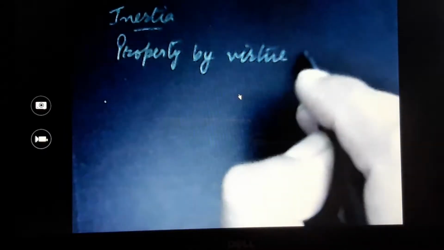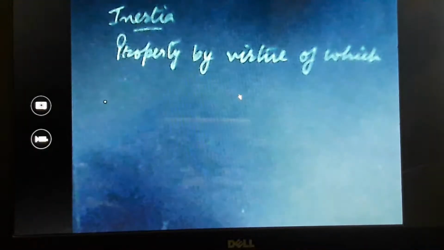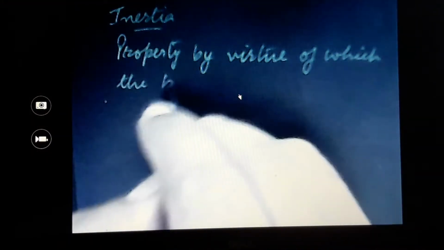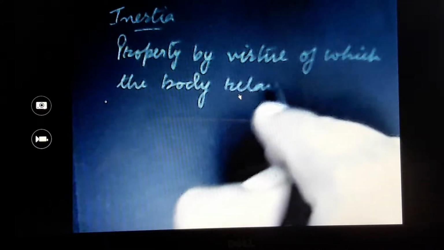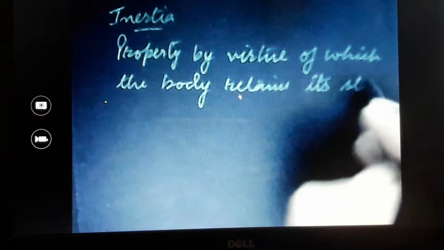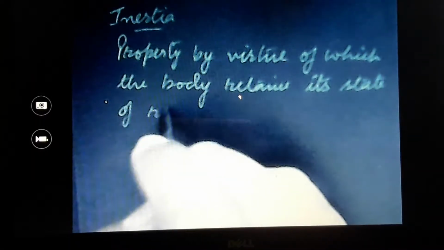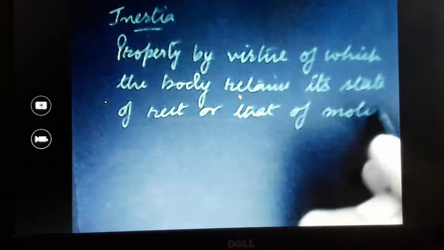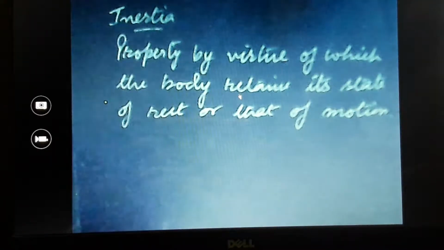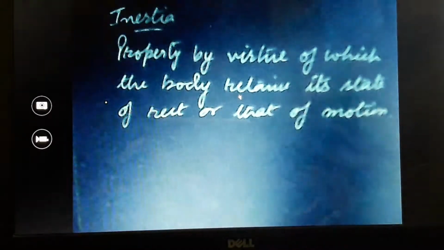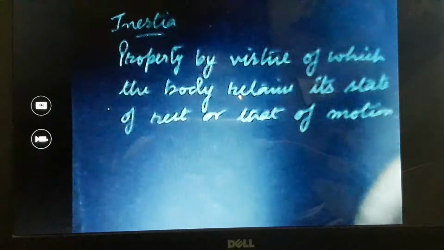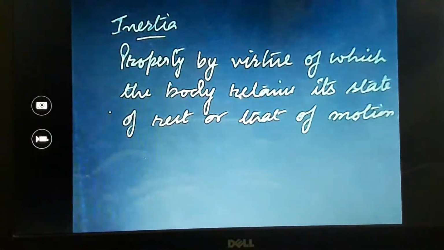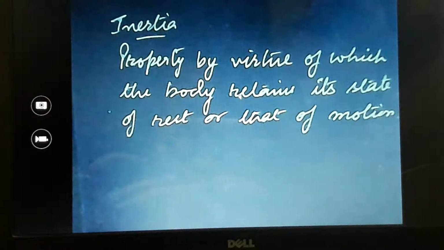That means it's just an internal property of a body by virtue of which it will either remain at rest or remain in motion. That property is called inertia.